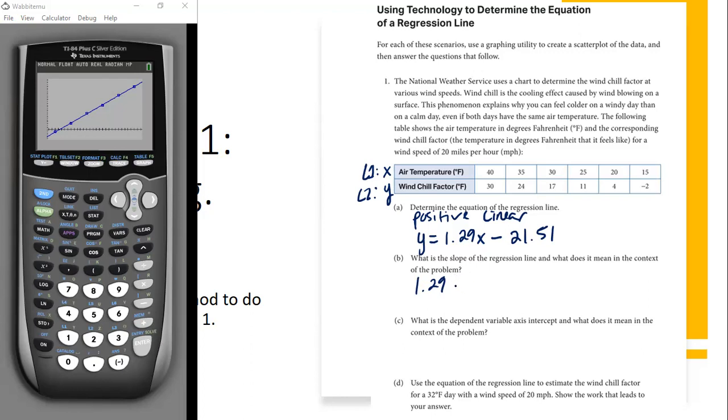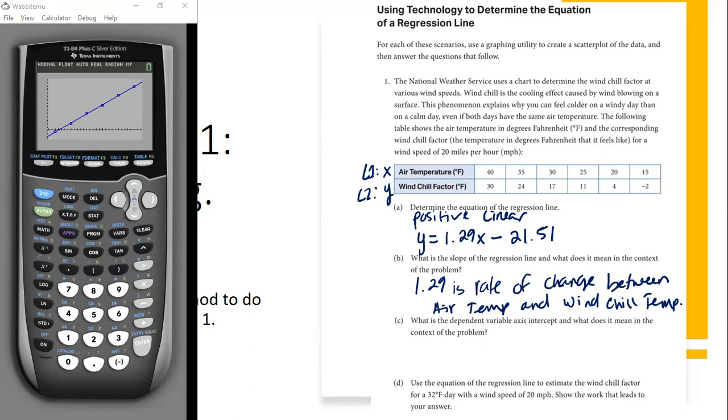So our 1.29 is the rate of change between our air temp and wind chill temp. So the higher the air temperature, the higher the wind chill temperature will be. Does that make sense? It's a positive change, right? So they're increasing together, right?